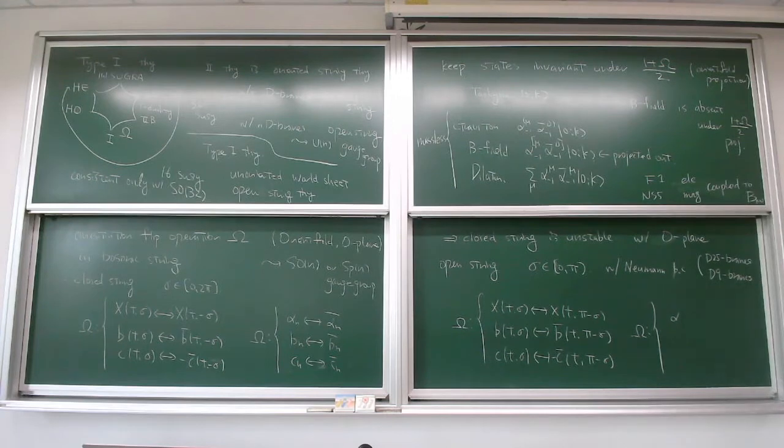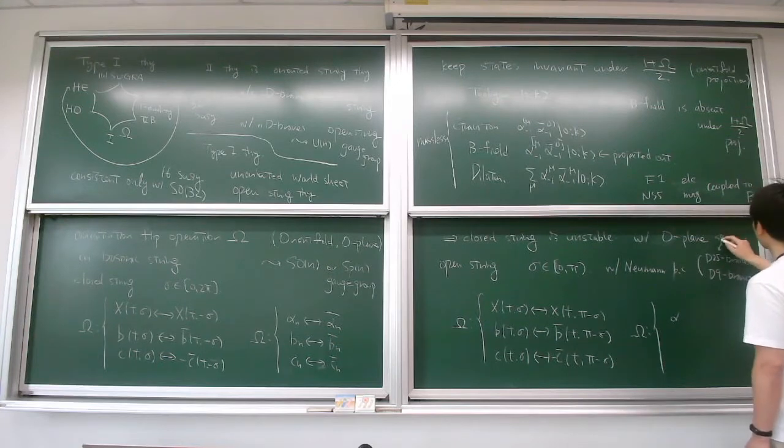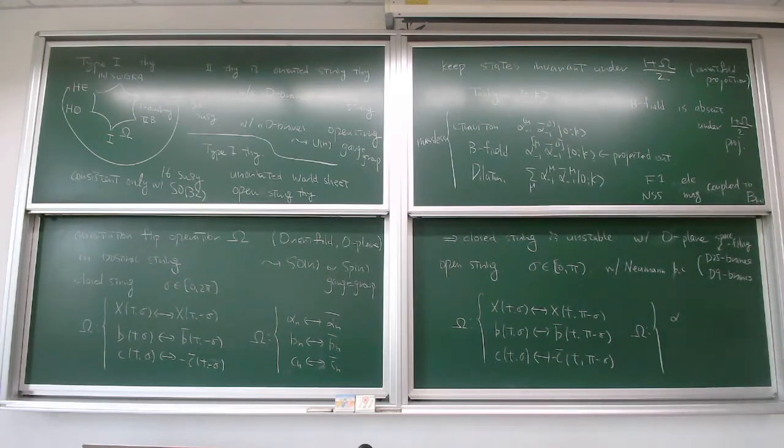They are not dynamical objects. So it's space filling, a space filling plane, so that the open string can move around with Neumann boundary condition. So that's what we are going to assume.